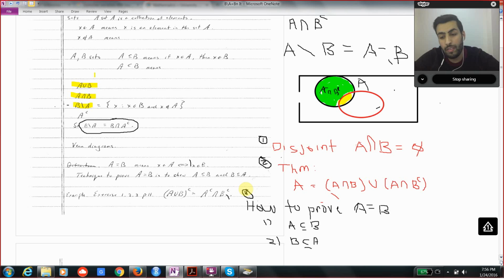And the last one is hard. The last one is called De Morgan's theorem. This is one version of De Morgan's theorem.